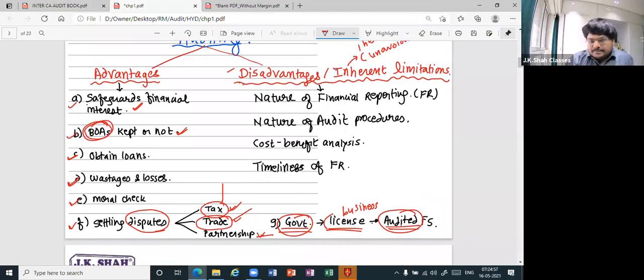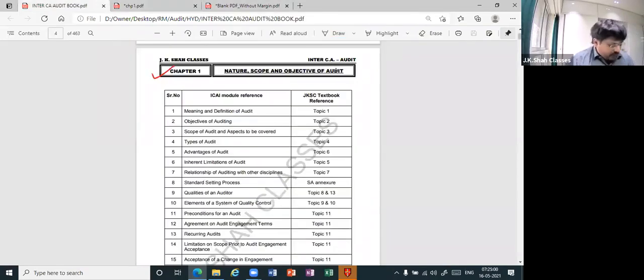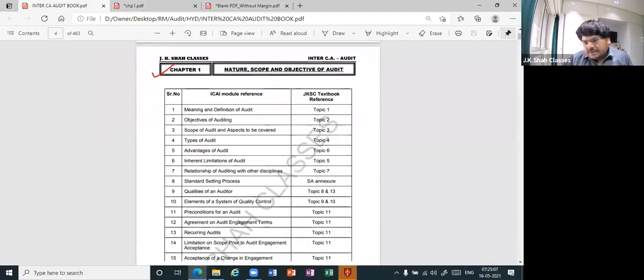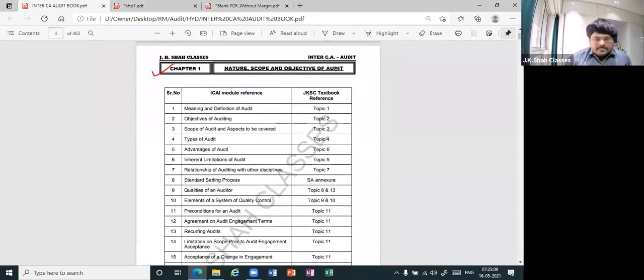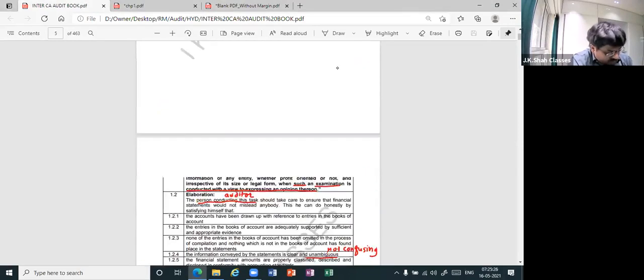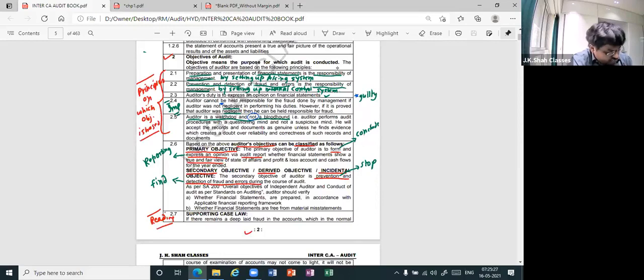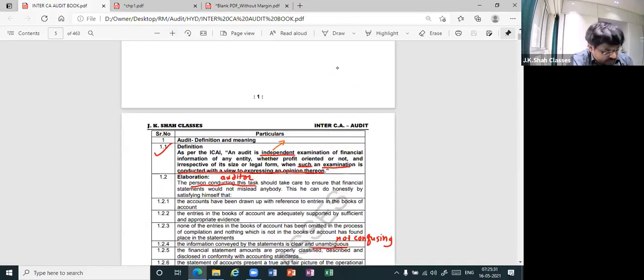Is it fine? Come to the textbook. Obviously, when I say textbook, I'm talking about the textbook assuming it is the same thing only. I have on page number 1, chapter 1, nature, scope, and objective of audit. In that, I want you to come on page 2, where you have the auditing definition.